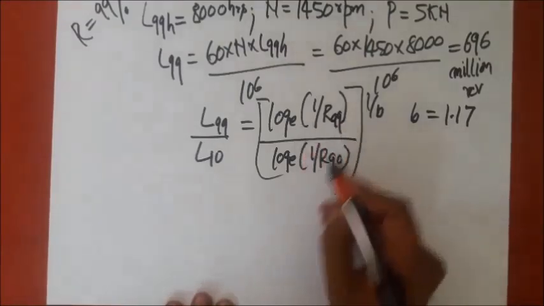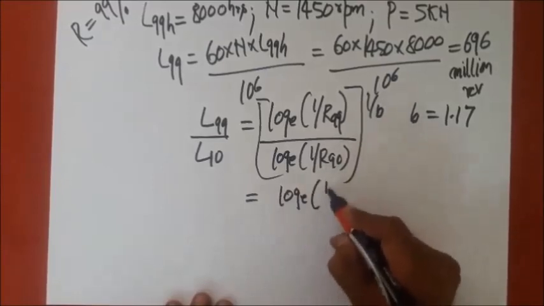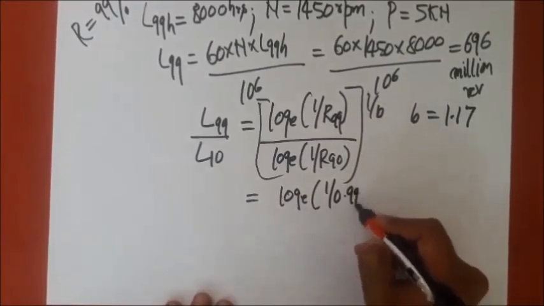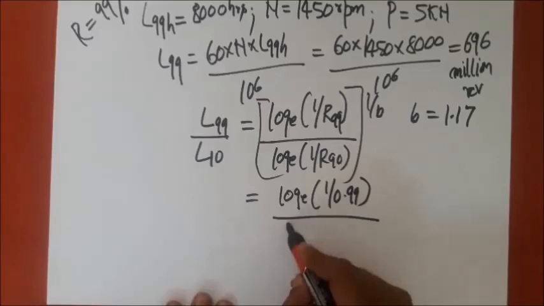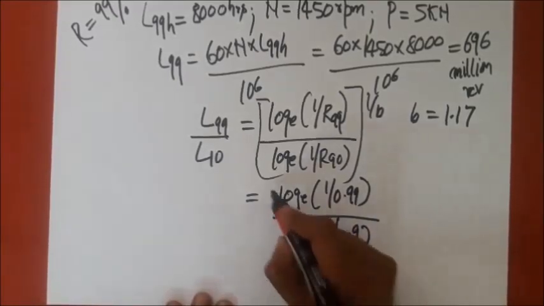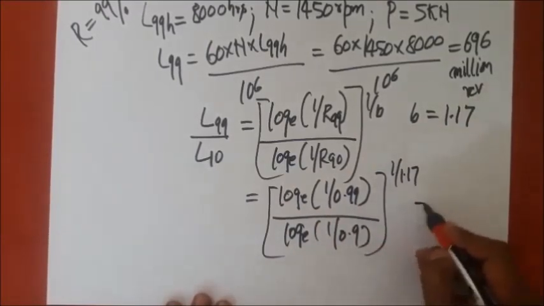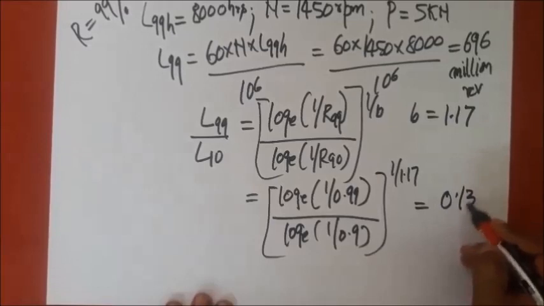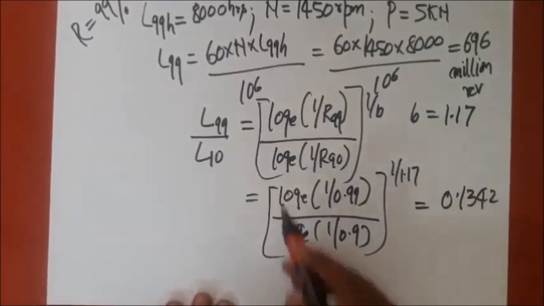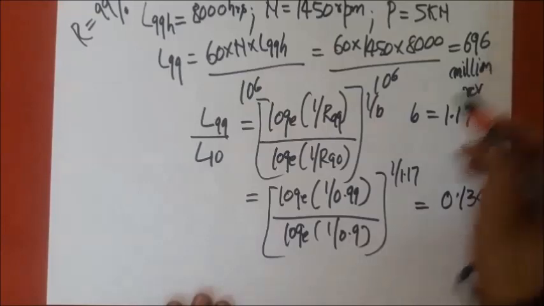On solving this, log e 1 upon 0.99 divided by log e 1 upon 0.9, raised to 1 upon 1.17, this comes to 0.1342. Now L99 is 696 million revolutions.